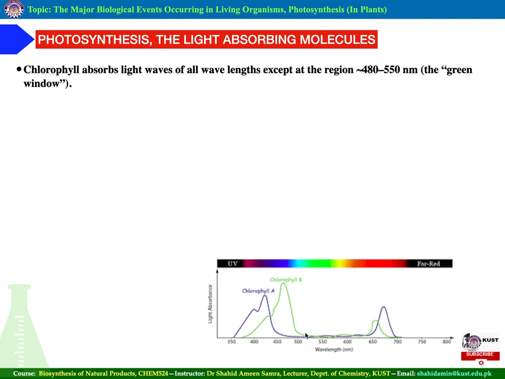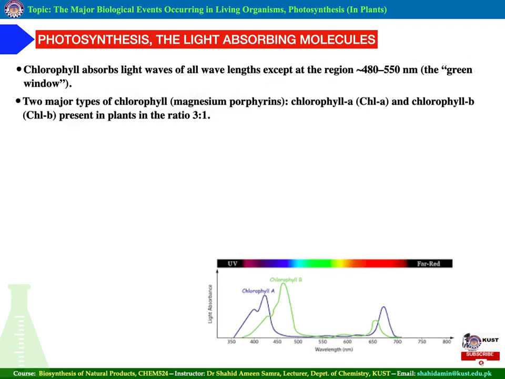And you can see here with this dark line that the spectrum for chlorophyll A shows no absorption in this region, from 480 almost to 550, and this region corresponds to green light. This is the reason that the color of the leaves appears to be green, because this light is reflected back towards our eyes. So as a result, we see the color green when we look at the green plants.